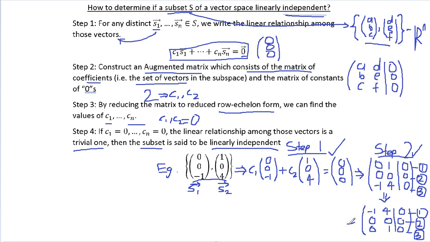So we swap row 3 with row 2. Hence, you get again minus 1, 4, 0, then 0, 1, 0, and the zero row goes under here.